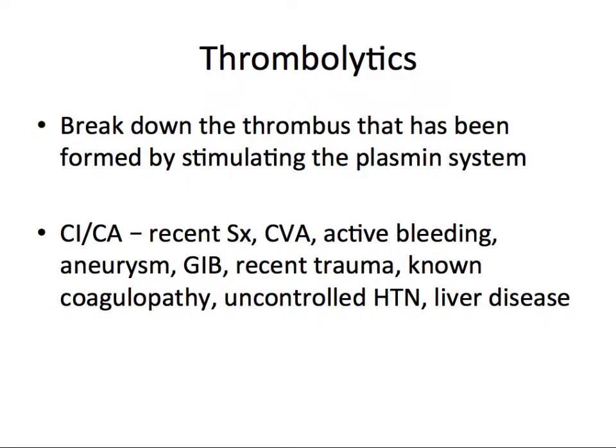Thrombolytics function in breaking down a thrombus that has been formed by stimulating the plasmin system. They're contraindicated in recent surgery, cerebrovascular accident, active bleeding, aneurysms, gastrointestinal bleeding, recent trauma, a known coagulopathy, uncontrolled hypertension, and liver disease.